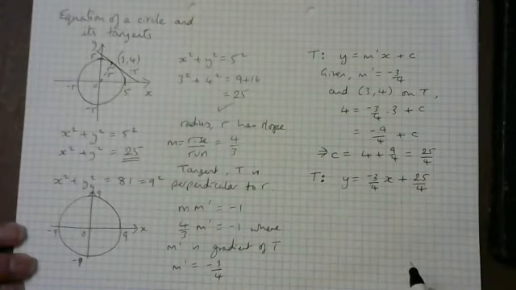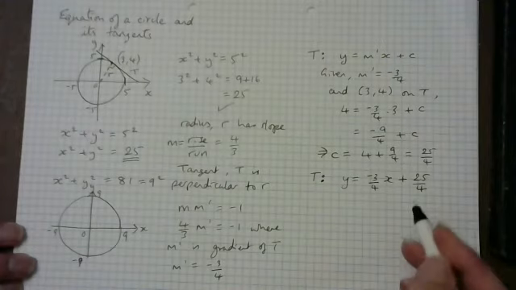That's the equation of t. The tangent is such that y equals -3/4 x plus 25/4.